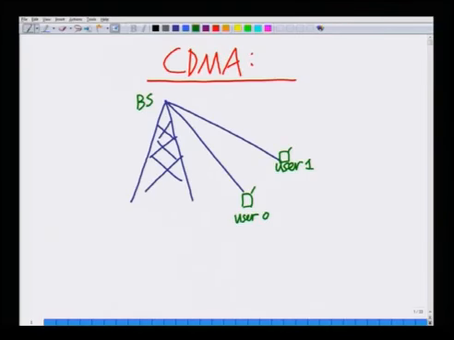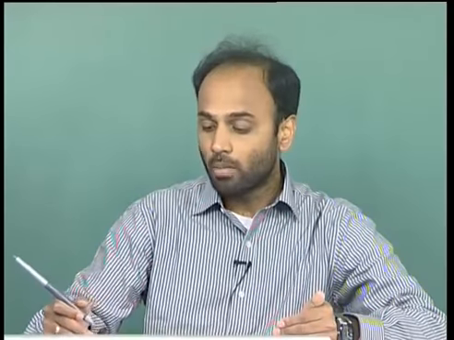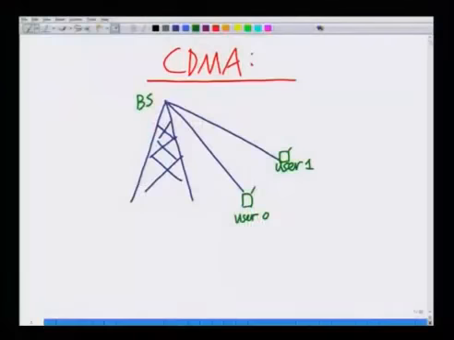Now, remember, there is a single wireless channel, that is the air interface. Unlike a wire line channel, there are no separate channels for user 0 and user 1, but the channel for both is the same medium, that is the wireless air interface. Hence, there has to be a way of transmitting independent information to each of these users separately.